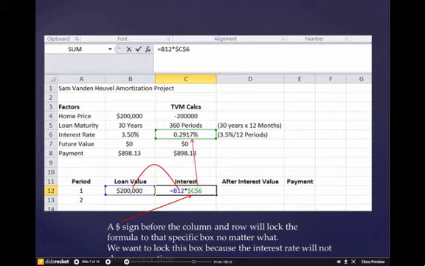So by putting the dollar sign before the C, the column, and a dollar sign before the 6, the row, we locked in that cell. It will never move from cell C6. So the formula here equals B12, our loan value, times C6, our monthly interest rate, and we make sure we put those dollar signs in there to lock in that cell value.